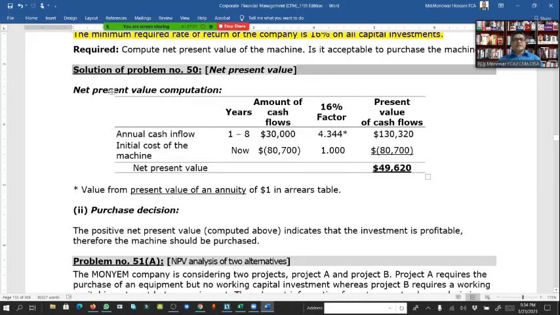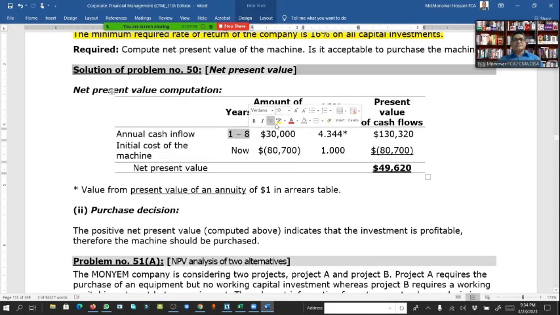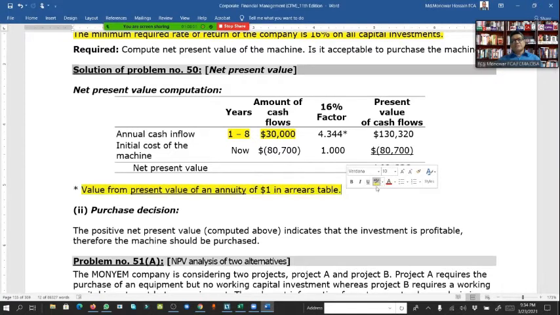For years 1 to 8, the annual cash inflow for every year is 30,000, as given in the question, and the 16% factor for 8 years, taken from the present value of annuity of $1 table, is 4.344.